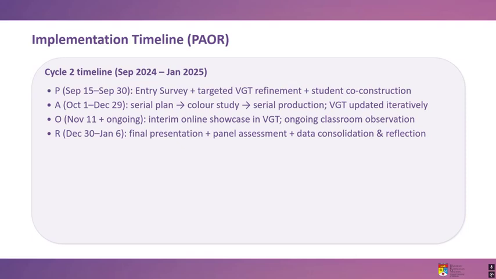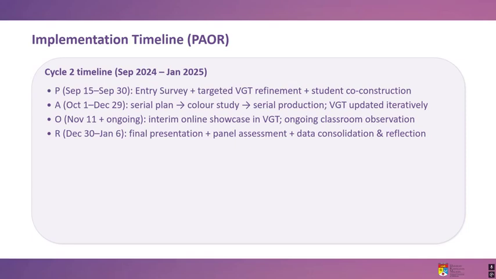A phase. This is the main action period for serial creation. I use stage tasks: plan, color study, then production. And I kept updating VGT during the process.